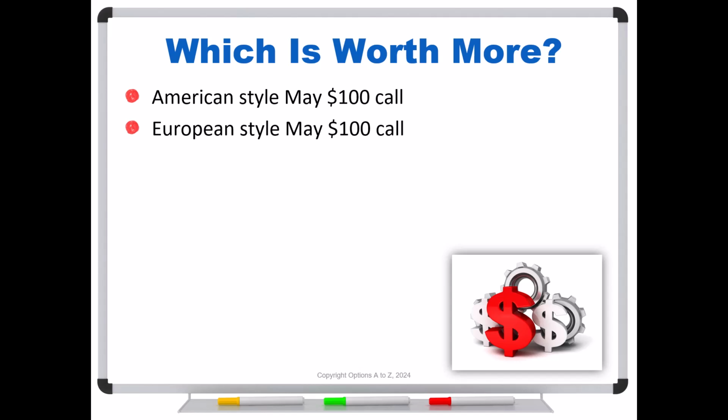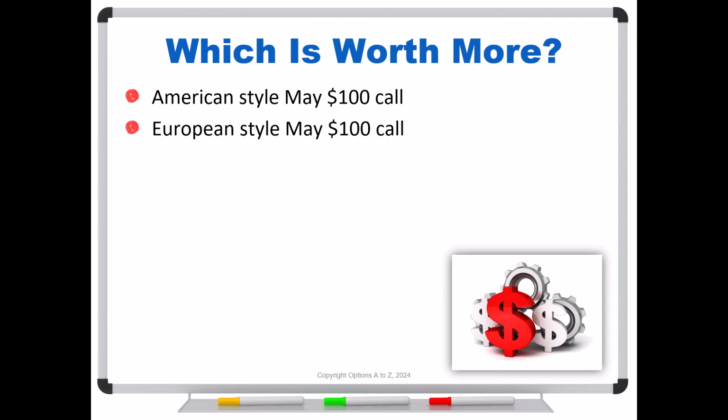A European style can only be exercised at expiration. Now, whenever you're dealing with equity options, such as on Microsoft, Nvidia, Amazon, those are always going to be American style. However, a lot of indexes are European style, and in some cases they might even have both.